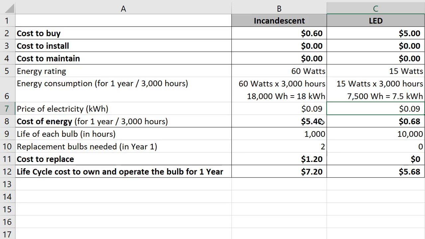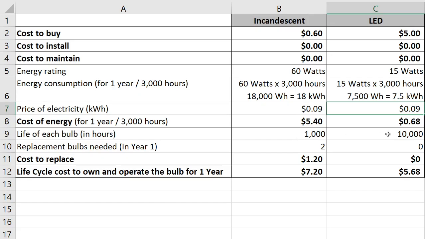All right, so now I've got the cost to buy, cost to install, cost to maintain, and the cost of energy. The last section is the cost to replace. Each light bulb has a lifespan. The life of each bulb in hours: you can get roughly 1,000 hours out of the incandescent bulb versus 10,000 hours out of the LED light.